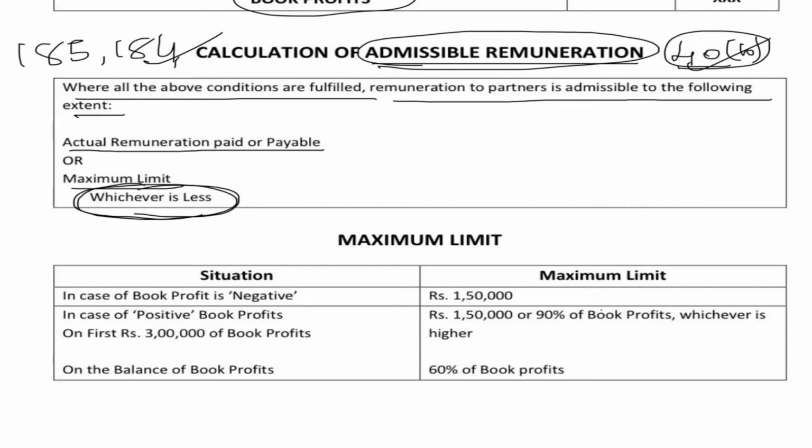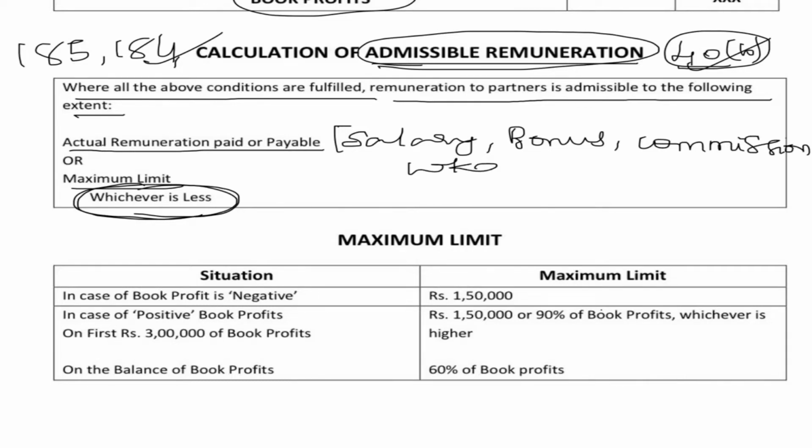Now, actual remuneration is nothing but all the salary, bonus or commission given to working partners only. It includes all the salary and any kind of benefit in the form of remuneration, whether salary, bonus or commission given to working partners, and will be compared with the maximum limit.